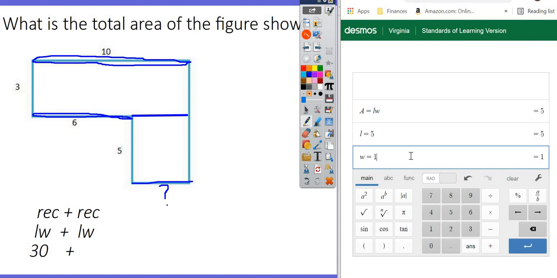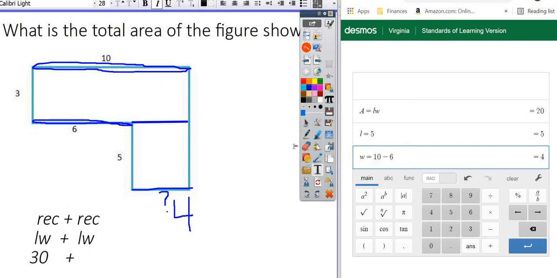So I'm going to start with 10 minus 6. That means my width is 4, and that's what my calculator has plugged in here. So my area for this second rectangle is 20. I'm going to come back over here and type 20.